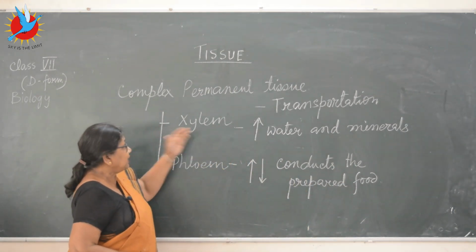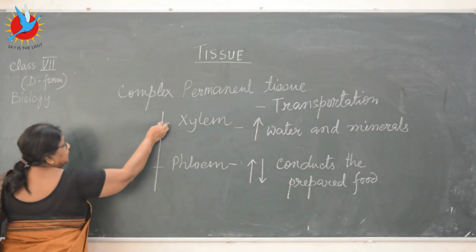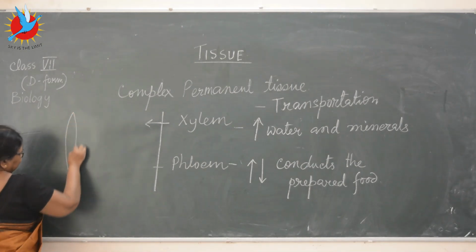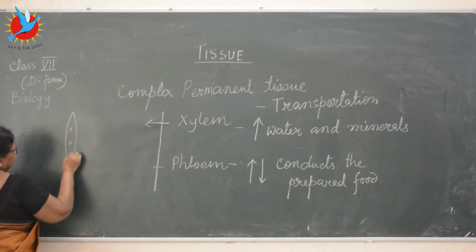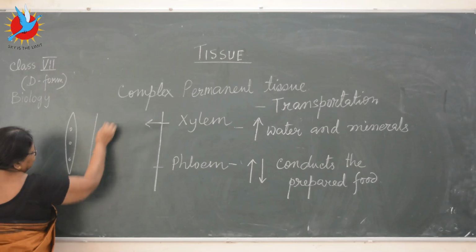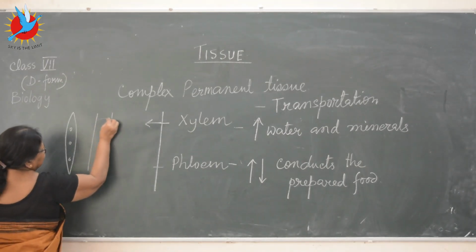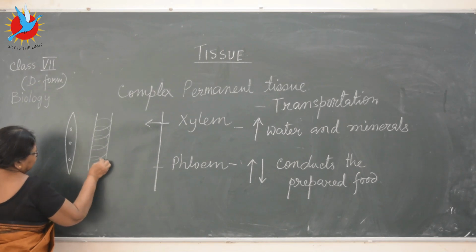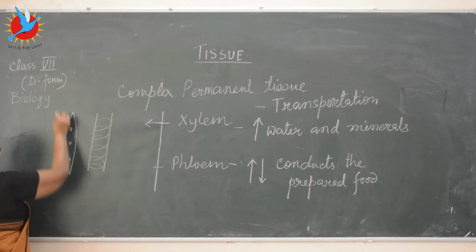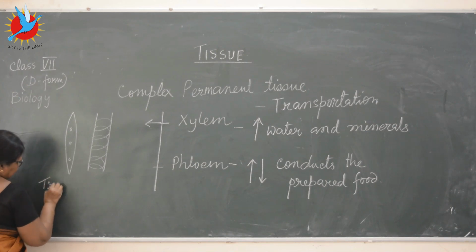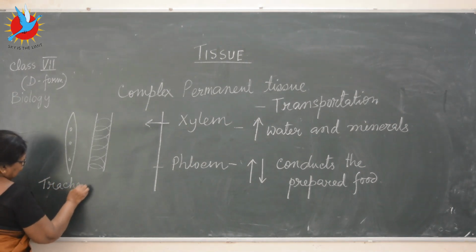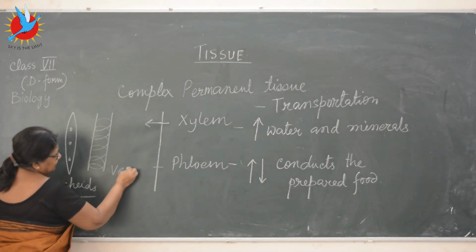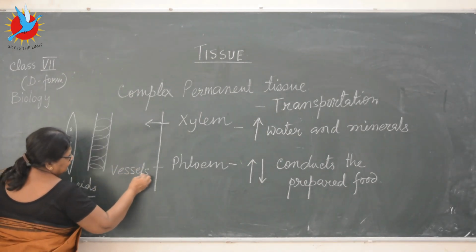Now let's take the structure. Now the xylem, basically, they are made out of tracheids and vessels.